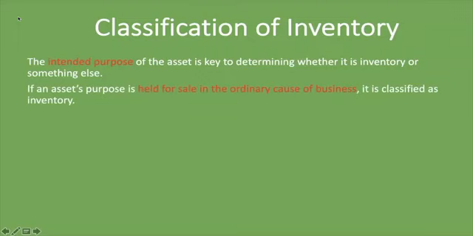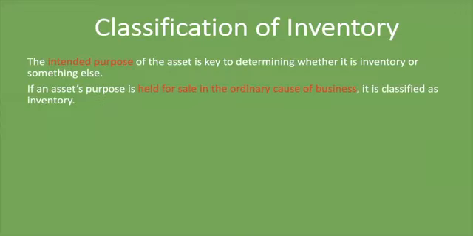If an asset's purpose is held for sale in the ordinary course of business, it is classified as inventory. And that's also very important. So what I've highlighted here in red, the intended purpose is what will determine what it is classified as. So if the company is buying assets, if their purpose is to sell it in the ordinary course of business, then the company will classify it as inventory.